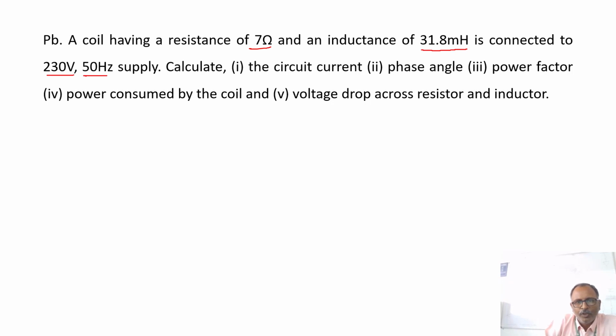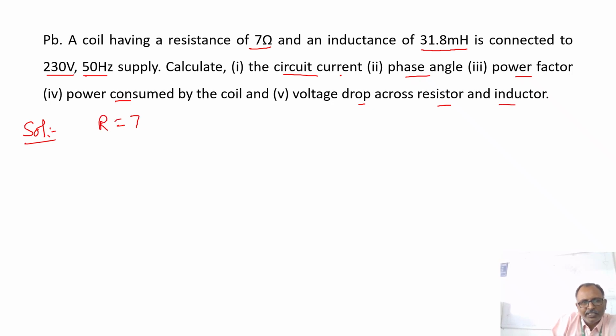Now we need to find out the circuit current, phase angle, power factor, power consumed by the whole inductive coil, and voltage drop across resistor and inductor. Let's solve the problem as we have done in the first problem.